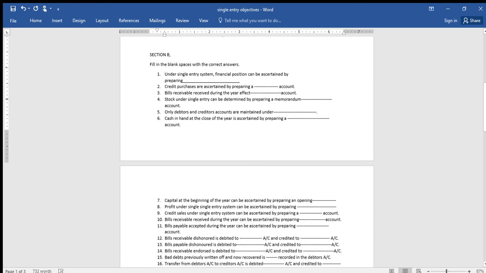Question 1, they are saying under single entry system, a financial position can be ascertained by preparing dash. By preparing a statement of affairs.